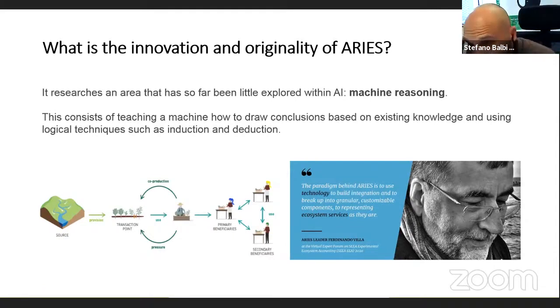So that's why the project was born with this idea of integration and basically using granular and modular modeling components to establish ecosystem services modeling workflows. And these are the words of the principal investigator, Ferdinando Villa. The paradigm behind ARIES is to use technology to build integration and to break up granular customizable components to represent ecosystem services as they are.